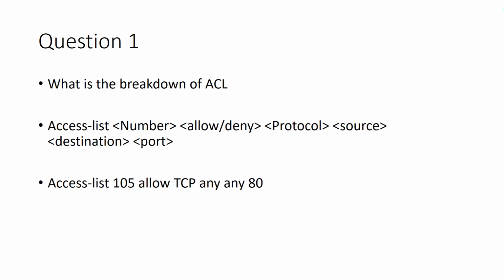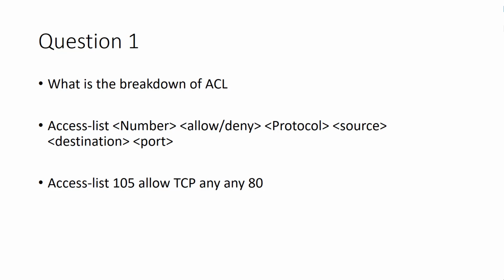And sometimes at the end, equal a port. If, for example, you are doing protocol TCP, you could then specify a port. For example, access list 105, we are allowing protocol TCP from any source and any destination on port 80.